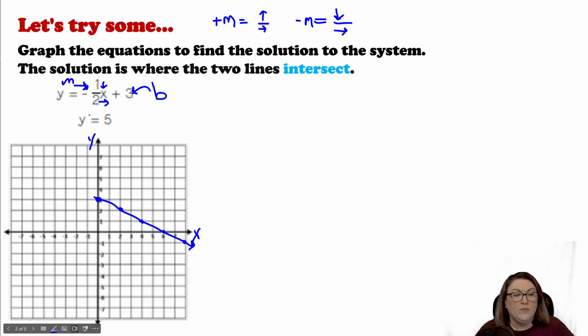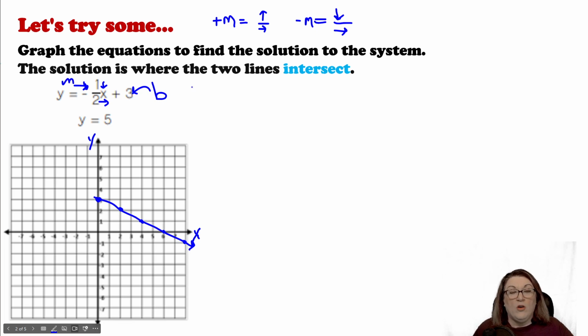All right, now the second equation, it's missing the x. So this is one of those rare circumstances where you're going to have a horizontal or a vertical line. Anytime you're missing one of the variables, either x or the y, you're going to be dealing with a horizontal or vertical line.